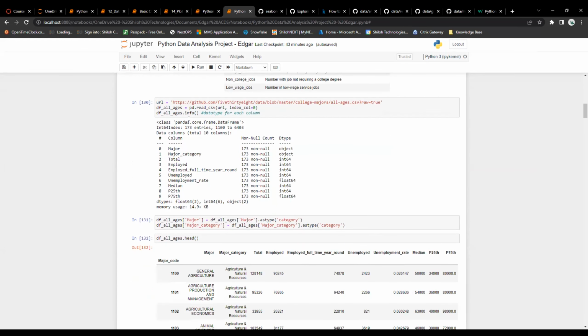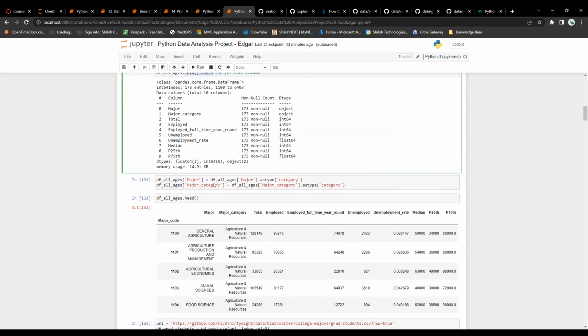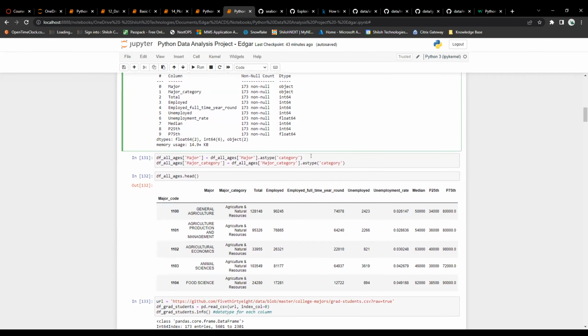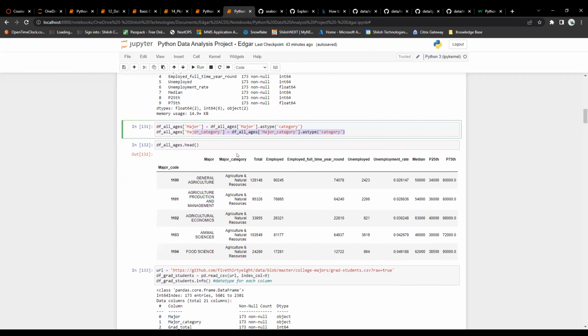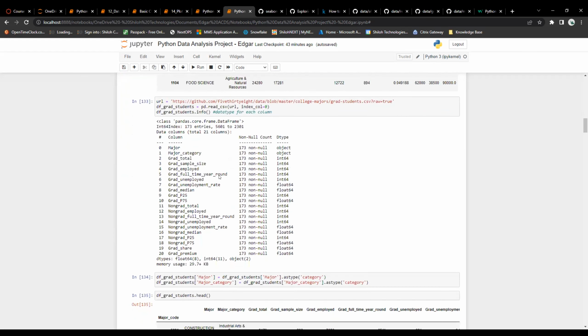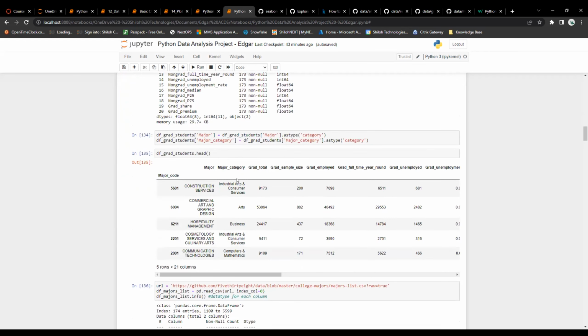So I started by reading the CSV and just checking what data type was in there. And I'm doing the same in all of these. I changed the objects here to categories because I was gonna use that later. And I'm pretty much previewing what's in each of these different CSVs in all these top sections.